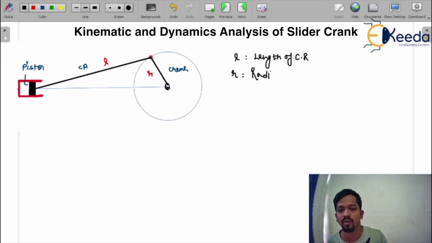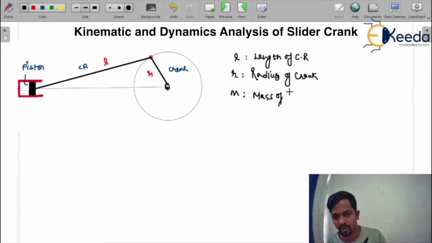You just have to know what term denotes the length of which link. Radius of crank. Okay, and there is a mass of the reciprocating parts. Small m denotes the mass of reciprocating parts.